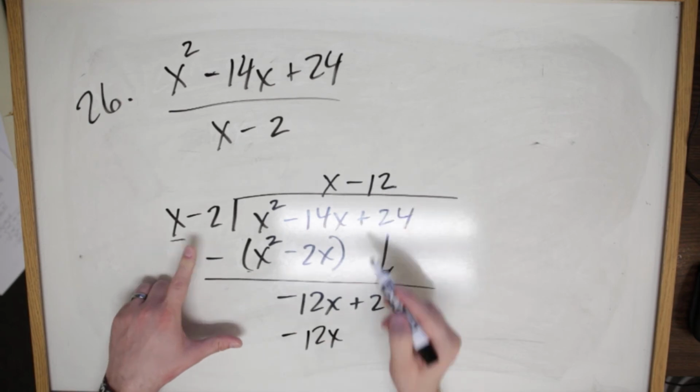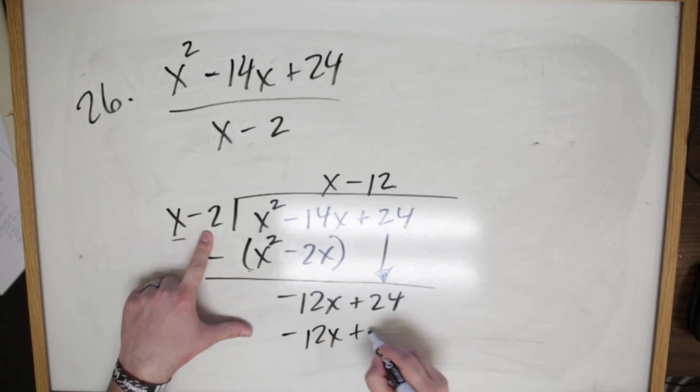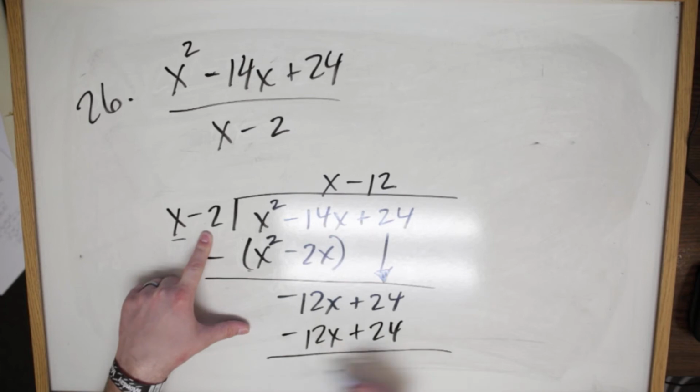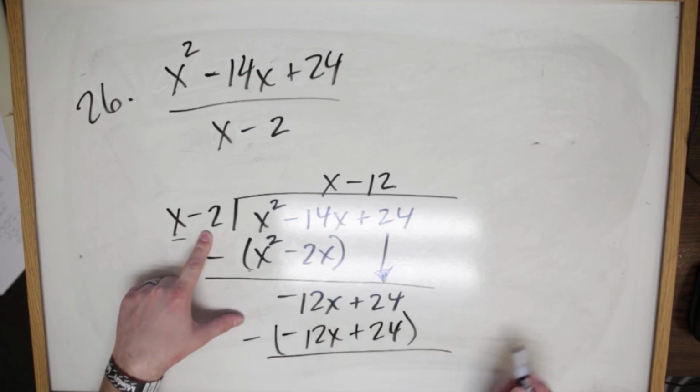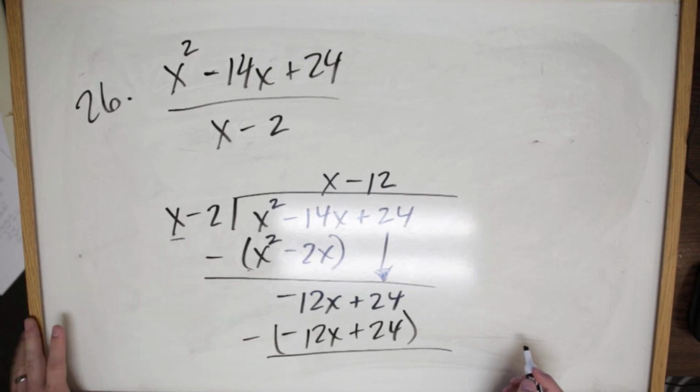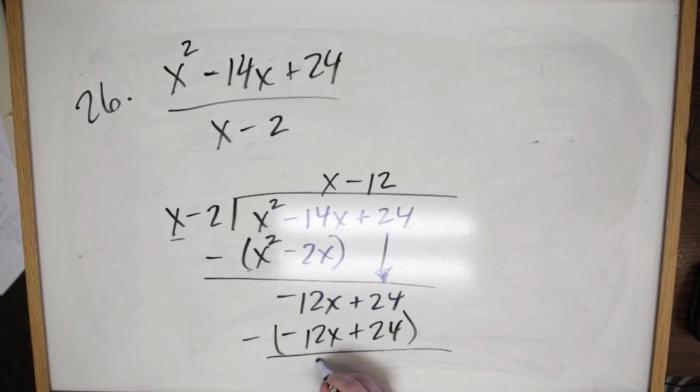Minus 12 times a minus 2 is a plus 24. And now remember, I'm subtracting everything. Okay? So now this becomes 0 and 0. How about that? When I get to the bottom and have a 0 remainder, that means that I'm done.